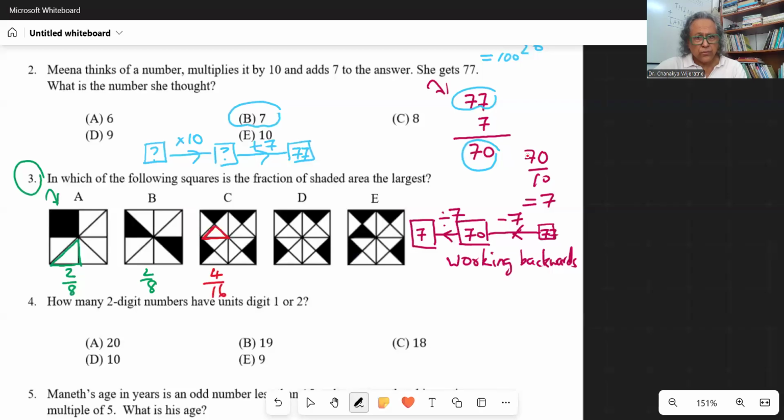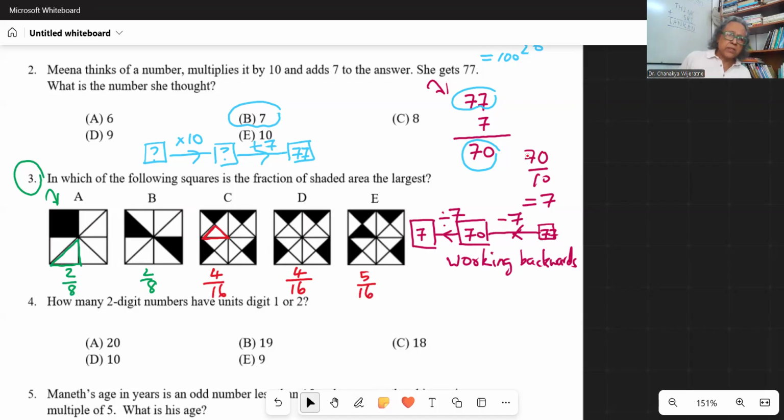So this is 4 over 16. And again here, 4 of those 16 triangles, 4 over 16. And here, 5 of those 16 triangles.